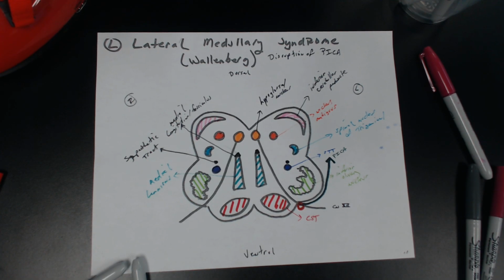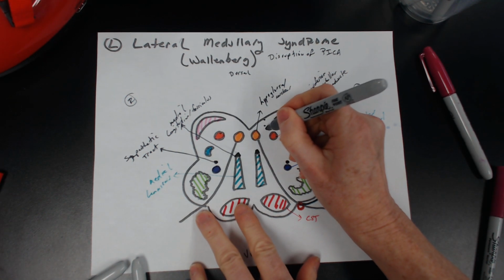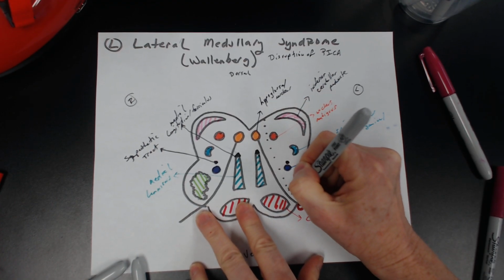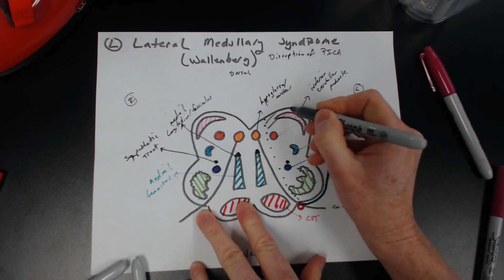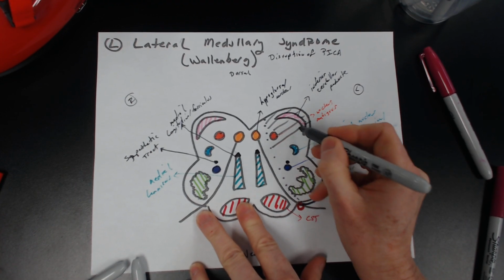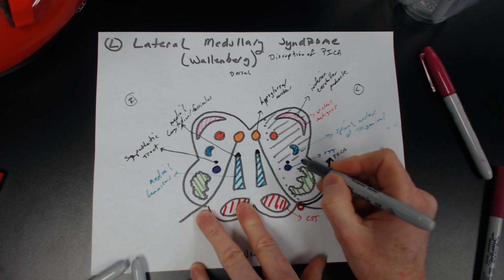And the territory for PICA in the rostral medulla is going to be inside of these dots here. And realize it'll be happening bilaterally, but all of these structures are going to be affected with the disruption of PICA.